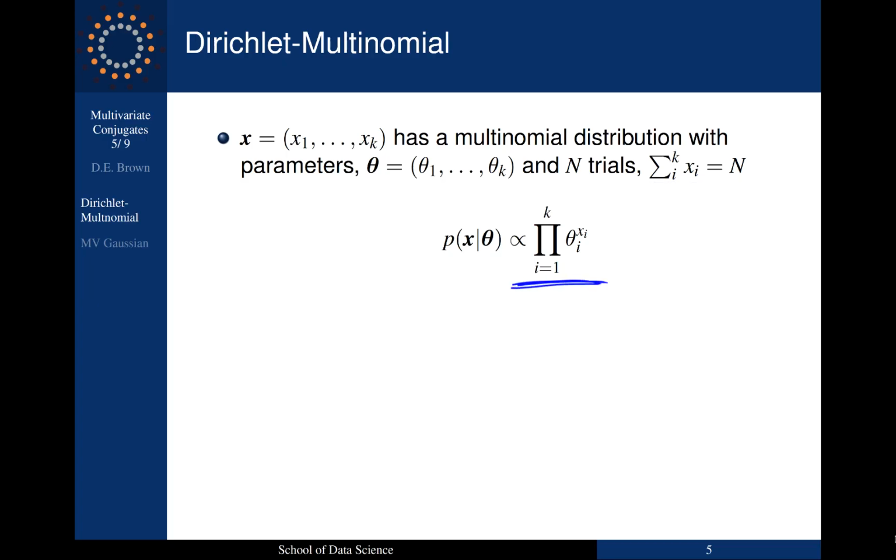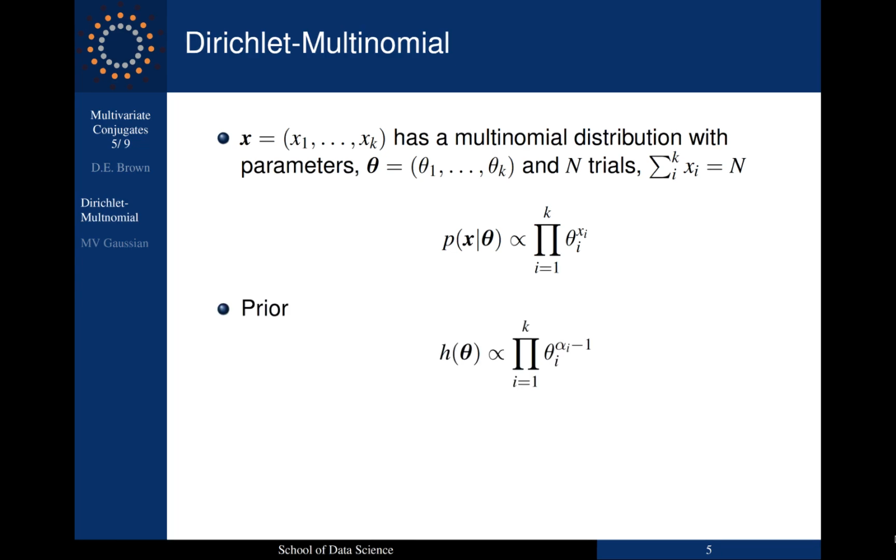And we see that the multinomial has a kernel, which is just the product of these probabilities taken to the power of the number of times we observe it. So, for example, theta 1, the probability that someone is rejected, would be taken to the power of the number of times we've observed a rejection for an applicant. And that would be the product for each one of these possible outcomes.